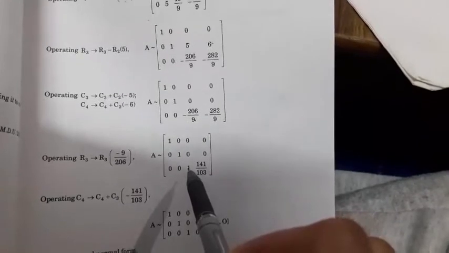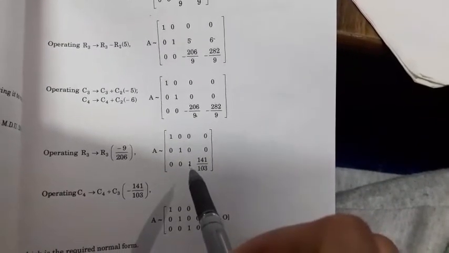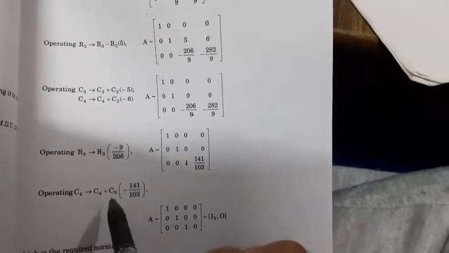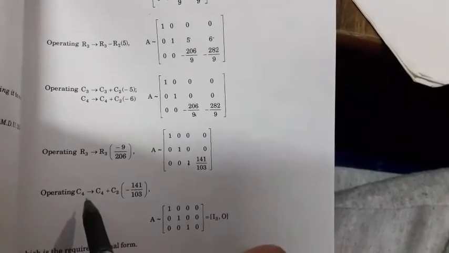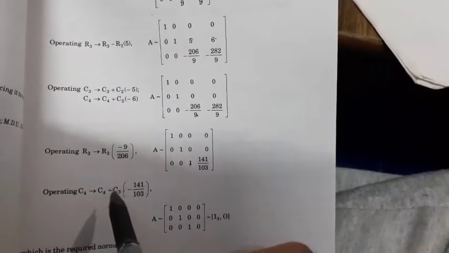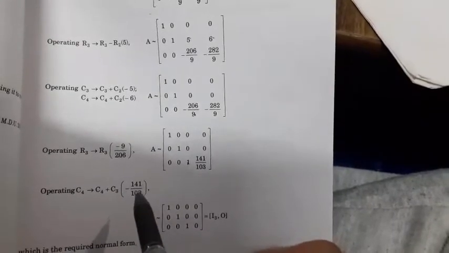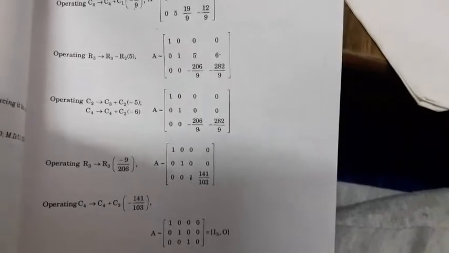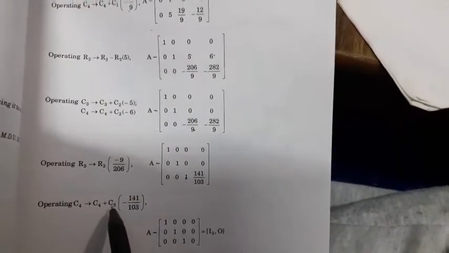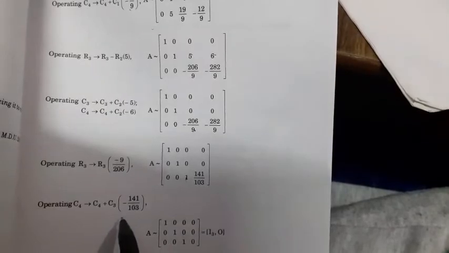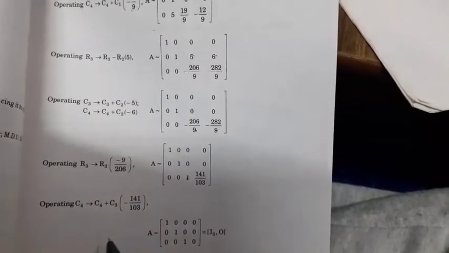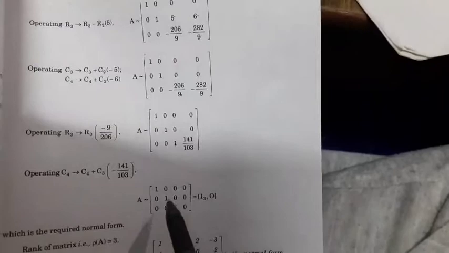What will you operate? C4 minus 141 upon 103 times C3. Here we write C4 plus C3 into minus 141 upon 103, or we can write C4 minus 141 upon 103 C3. Anyway you can write. Now this is our required normal form of matrix A.